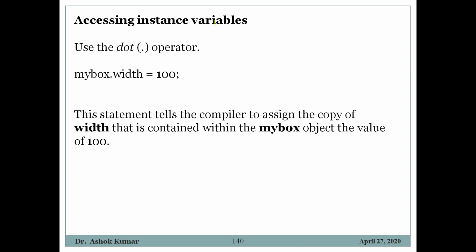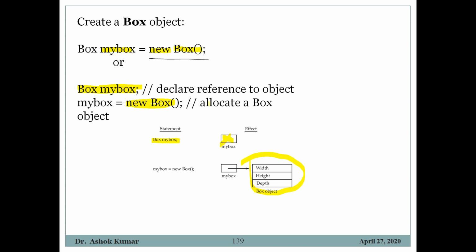This dot operator notation is used to access the instance variable. So here we have used mybox. mybox is the name of the instance variable that we created over here from this slide.